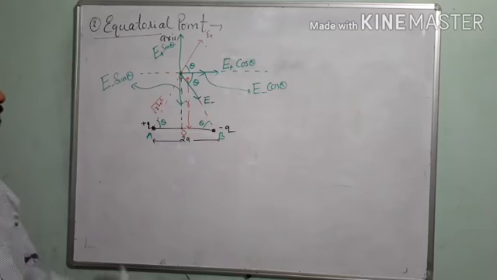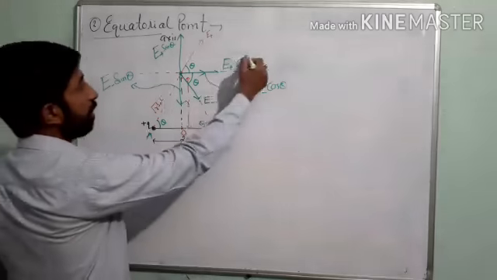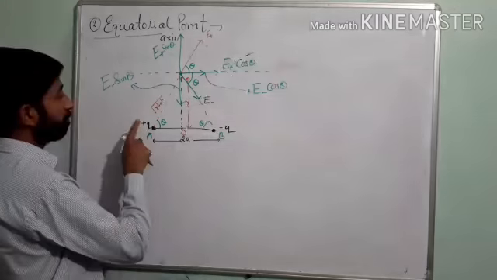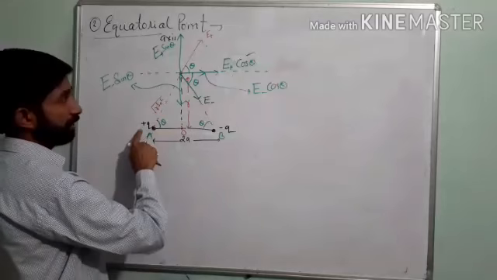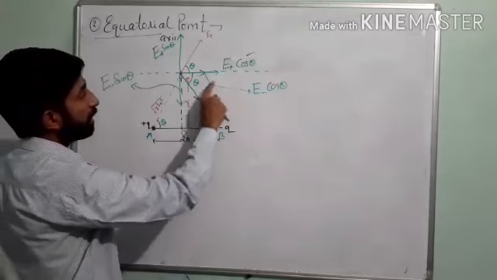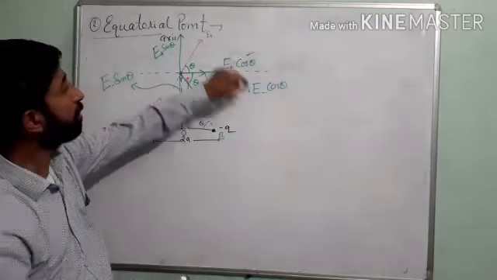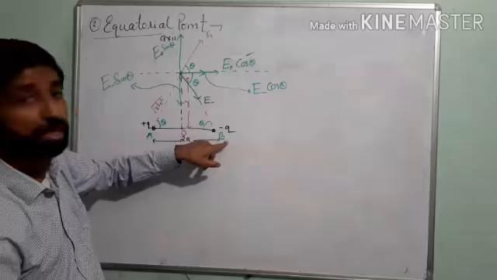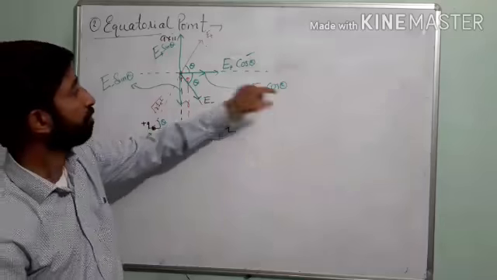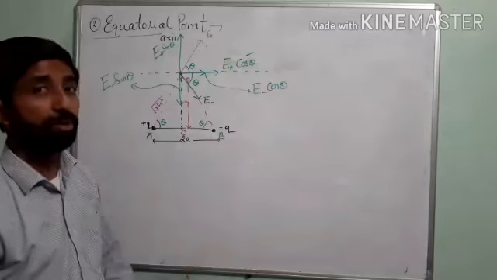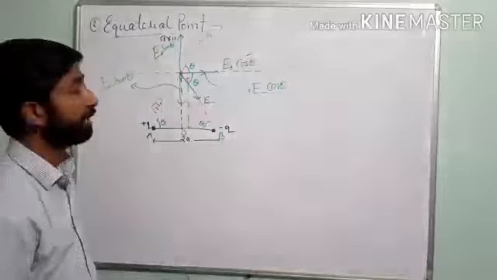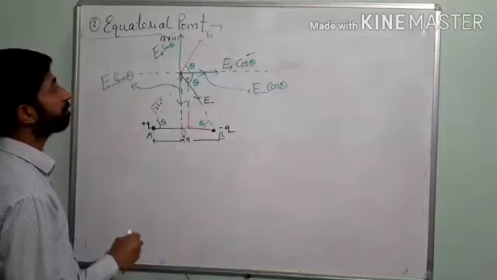Now be sure of the components. This is the horizontal component of the field produced by the plus charge, E plus, and it is the horizontal component of the electric field produced by the negative charge, right? So both are in the same direction. So obviously they must get added, as we did in the case of the circular ring.